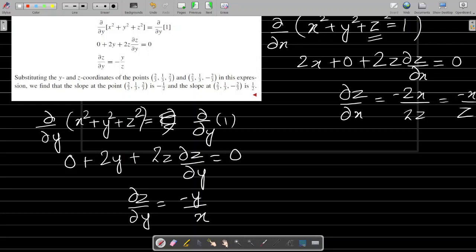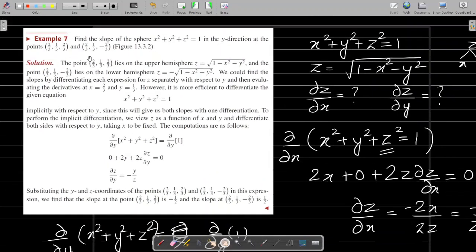Now let's look at this question. Here they have given you the question: find the slope of the sphere x square plus y square plus z square equal to 1 in the y direction at the points 2 by 3, 1 by 3, 2 by 3, and 2 by 3, 1 by 3, minus 2 by 3. So instead of writing it explicitly and then differentiating it, we have directly differentiated it.